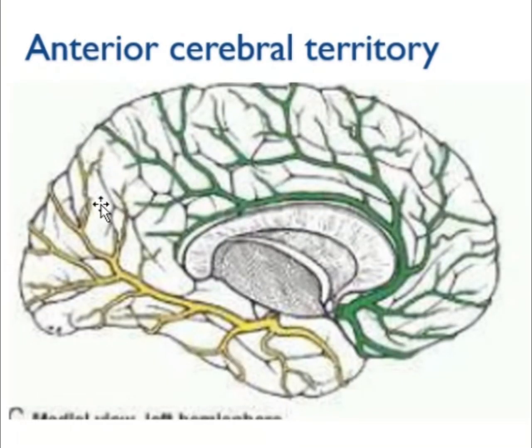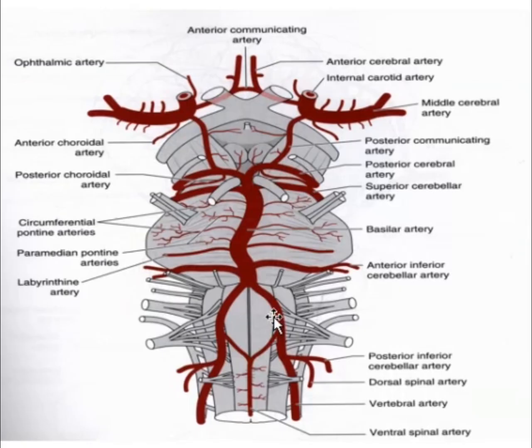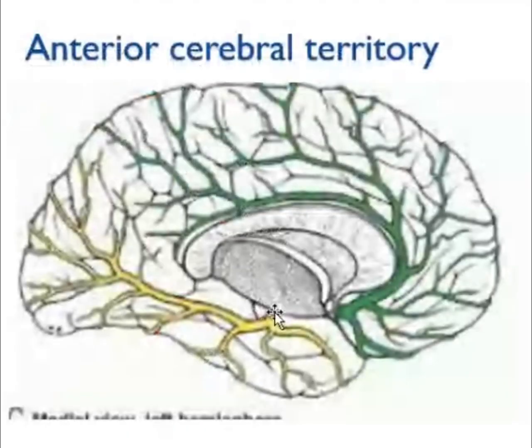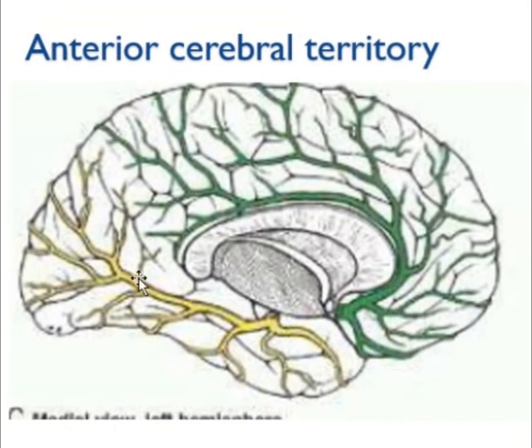Then the medial aspect of the occipital lobe and the medial aspect of the temporal lobe are supplied by the posterior cerebral arteries. So this is the posterior cerebral artery. We saw it here. It is going to supply the medial aspect of the temporal lobe and the medial aspect of the occipital lobe.